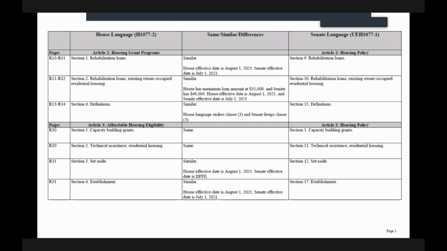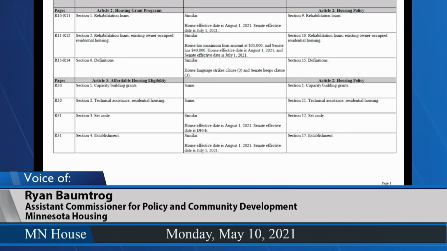Chair Hausman, Ms. Griffin did a great job walking through that section of the bill with housing infrastructure bonds under 462A.37. Subdivision 1F has the different types of debt and bonds that the agency issues. And then under subdivision 2, it has the eligible uses of the loan proceeds from that debt issuance.